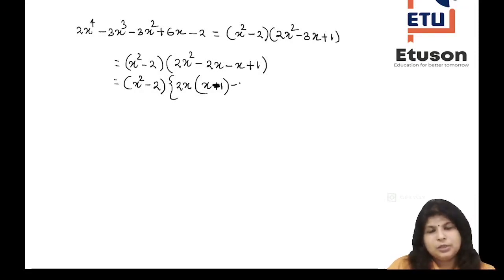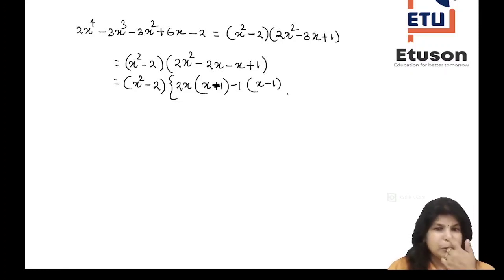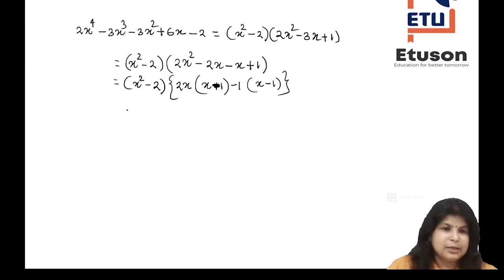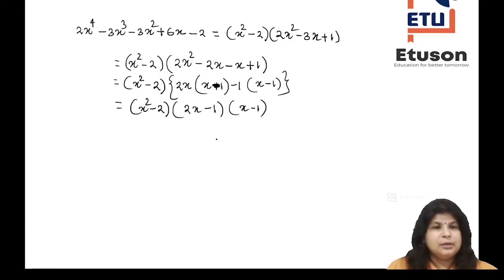Here you take minus 1 common, you will get x minus 1. Correct or not? So now it is x square minus 2 into 2x minus 1 into x minus 1. Correct? X square minus 2 into 2x minus 1 into x minus 1.